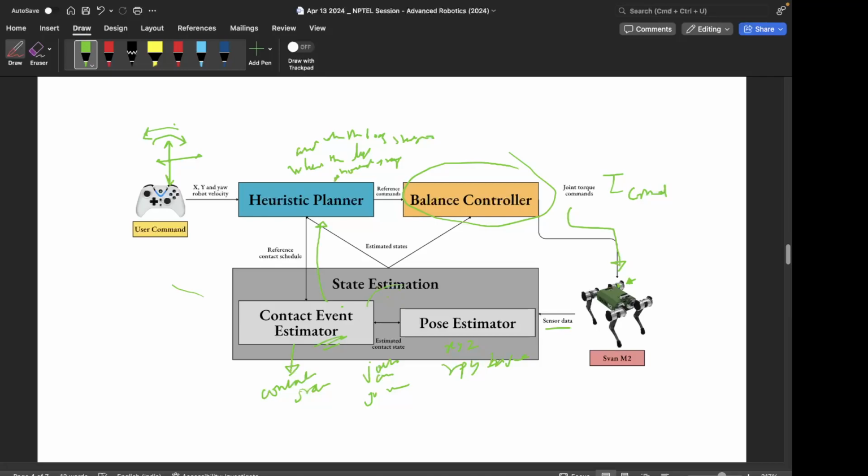We saw about critical damping, over damping, under damping, and how they relate when we are actually designing, let's say, PD control laws for joint angle tracking or making a manipulator follow a certain path, right? And that builds up to this point where more comprehensive and complicated controllers have been developed in order to control robots like these.